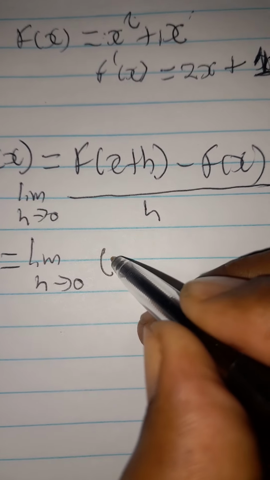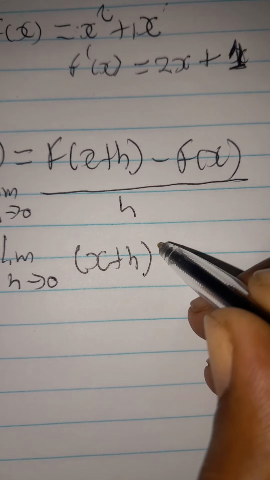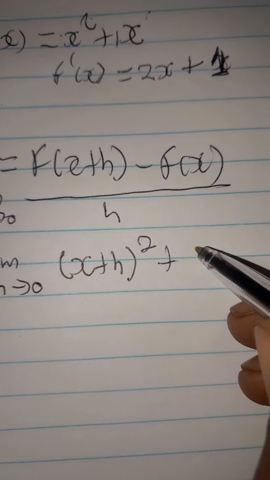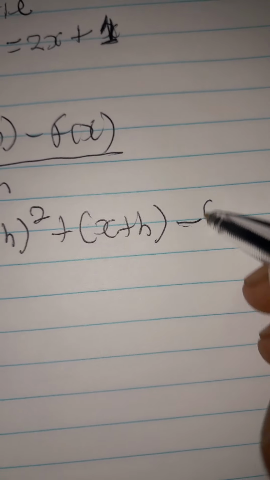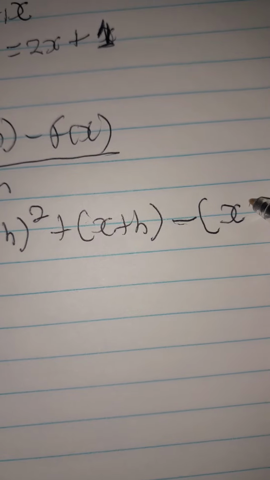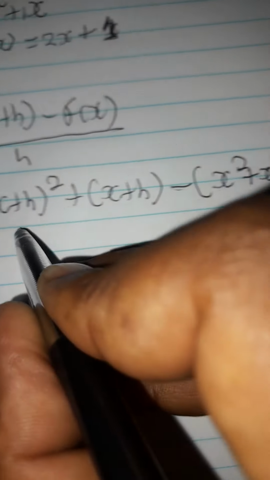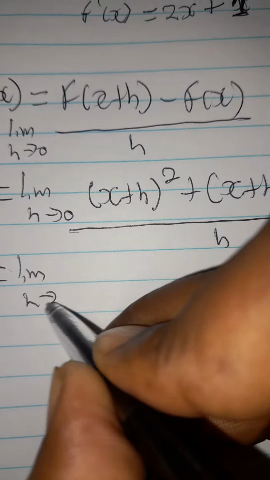Where there is x, we shall replace it by x plus h. So we are going to have x plus h squared plus x plus h, subtracted by the given function, which is x squared plus x, right? Divided by h. Don't forget, this is limit as h approaches 0.